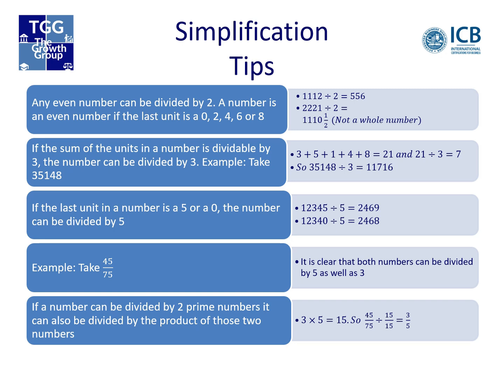So, because both 45 and 75 can be divided by 5 and 3, we can say that 3 times 5 is 15. And so now we know that 45 over 75 can be divided by 15 over 15, and that'll give us 3 over 5, and that is the fraction in its simplest form.